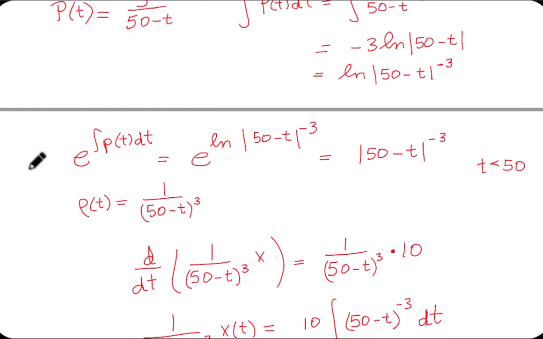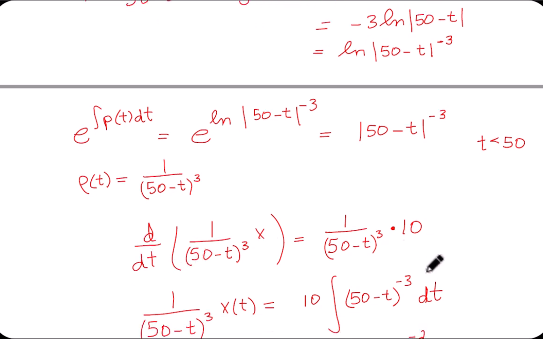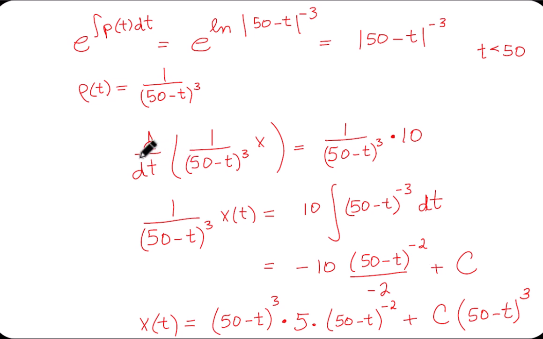All right, so I get e to the ln of this item, and so this is my integrating factor. All right, so rho of t is 1 over this item because it's to the minus 3. Multiply both sides by the integrating factor.